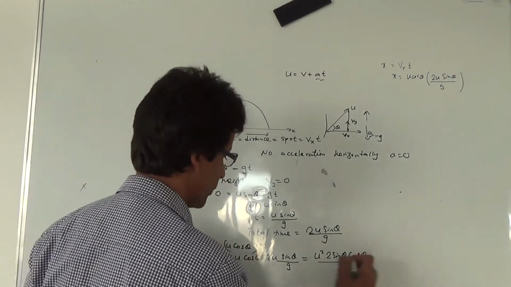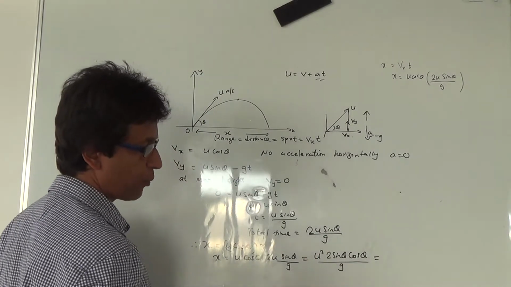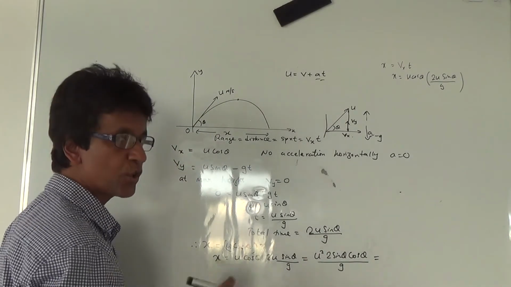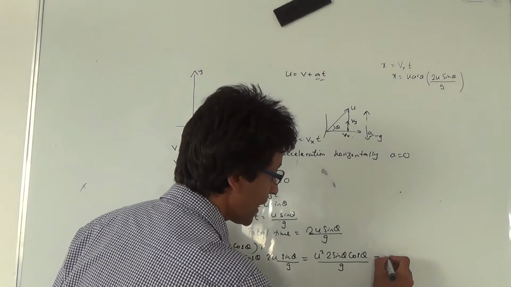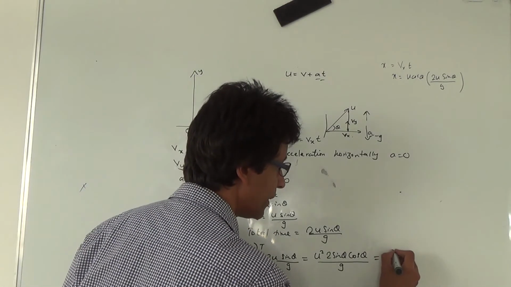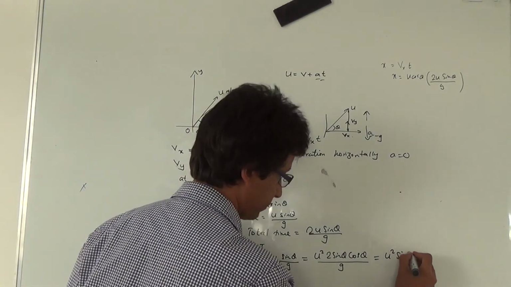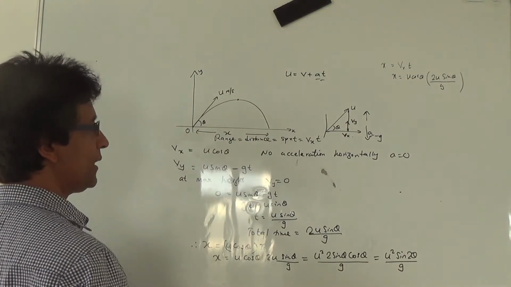Using the trigonometric double angle formula, 2 sine theta cos theta, which you should be very familiar with, is equal to sine of 2 theta. So the range is u squared sine 2 theta divided by g.